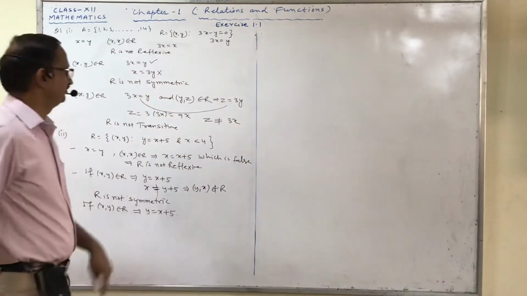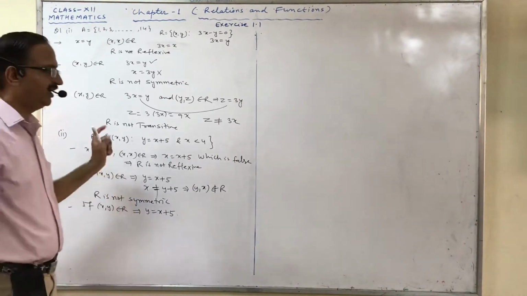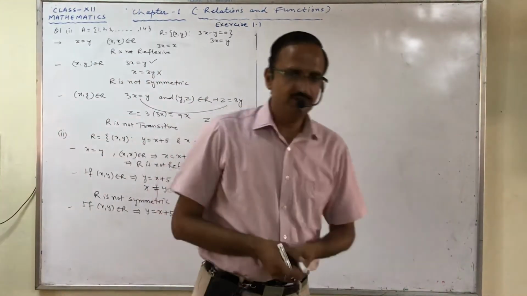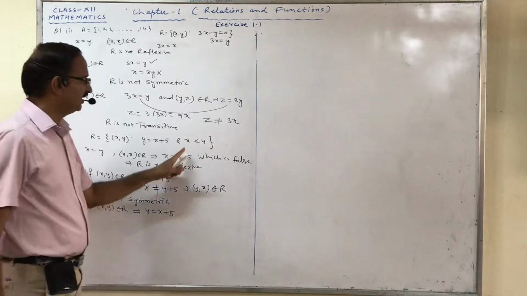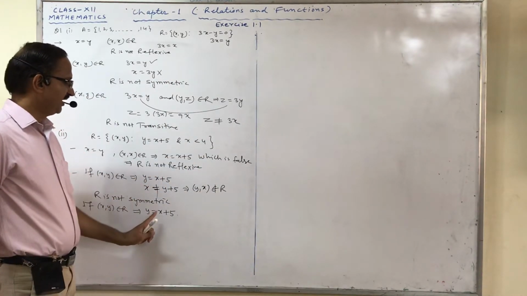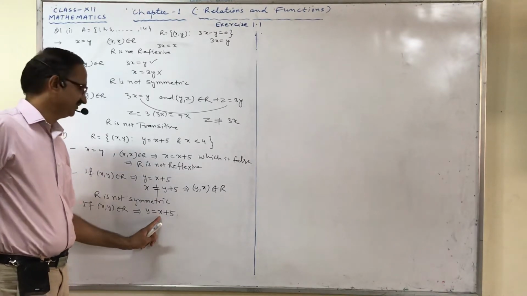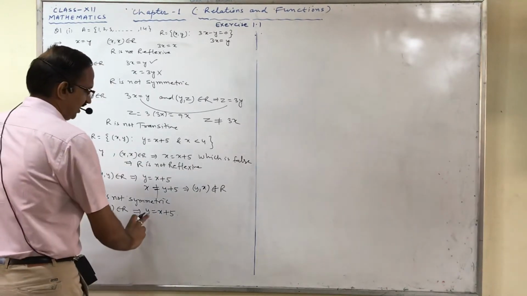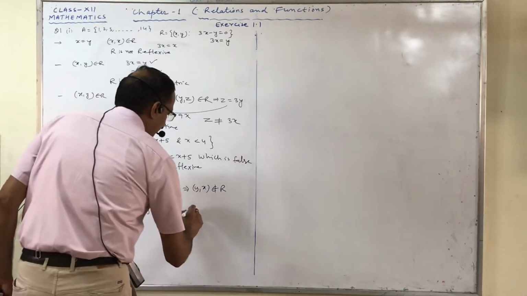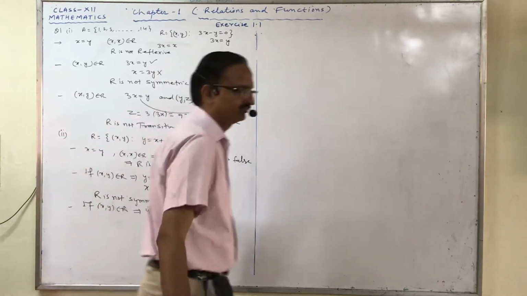So when we put x equals 1, because this is the relation defined in natural numbers, and the natural number x is less than 4. So suppose we consider x equals 1, then y equals what? For x equals 1, y equals 6.